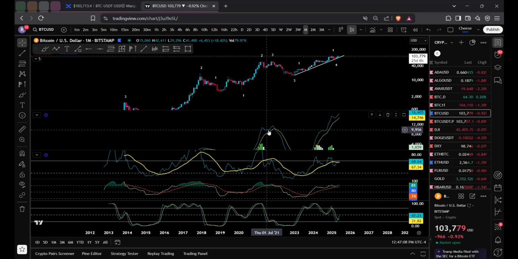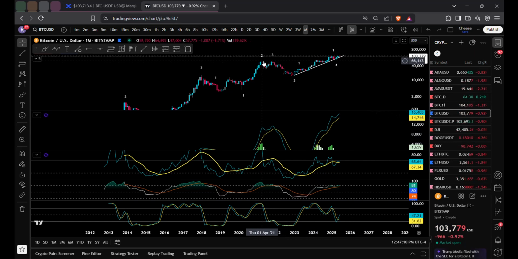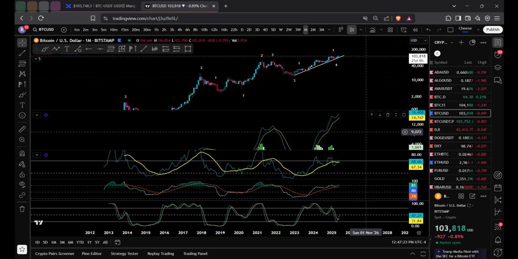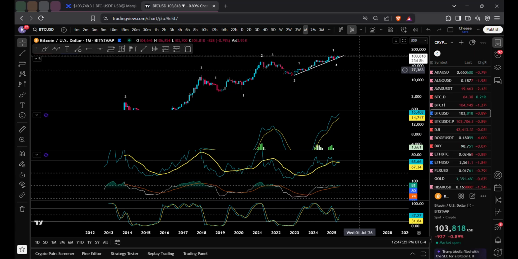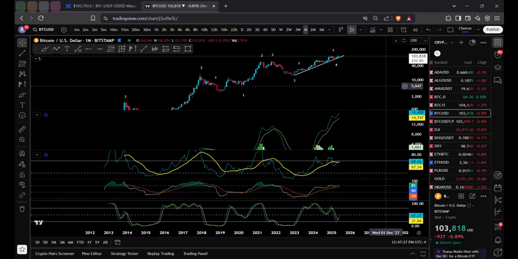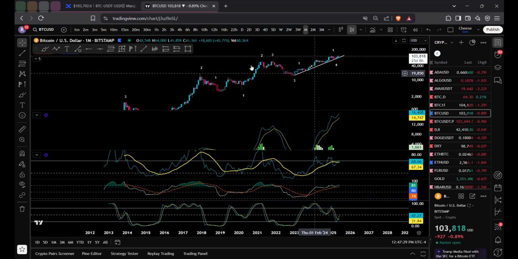Like for instance, if we even come down and go back up, once again, this was from March 2021 to literally October, December 2021. So it could last that long. We form another maybe higher high while this forms the death cross, and then we come down closer towards the end of the year. But you have to play this out correctly.